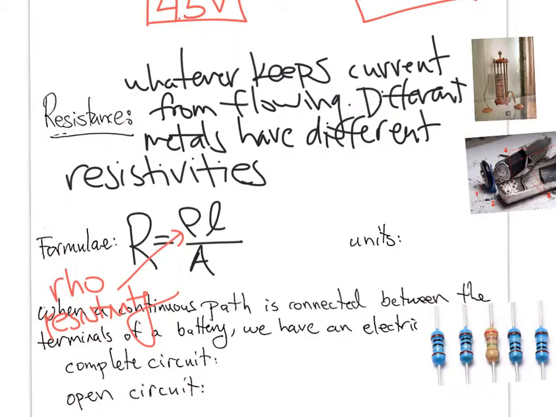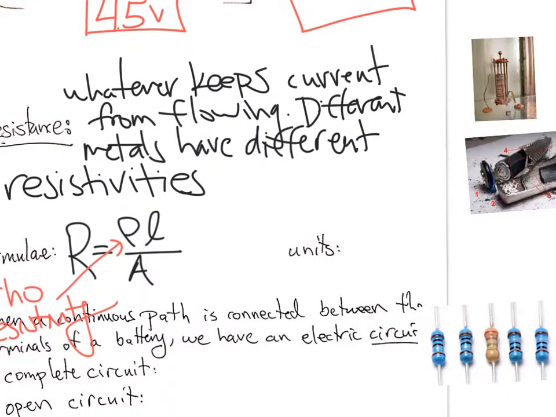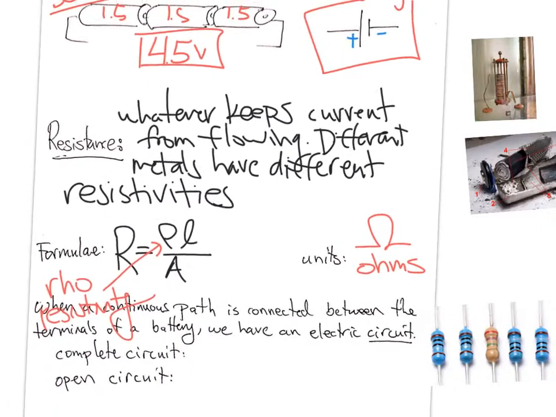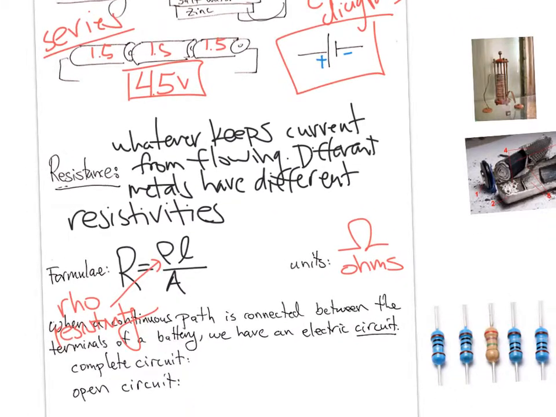And the units for resistance are, I like the upside down horseshoe, and these are ohms. Ohms for units of resistance. And again, this resistance that we're talking about here is just for the resistance of a certain section of wire, right? This is length and this is cross-sectional area.